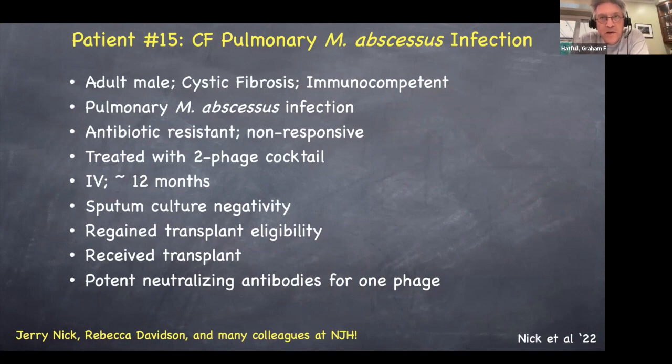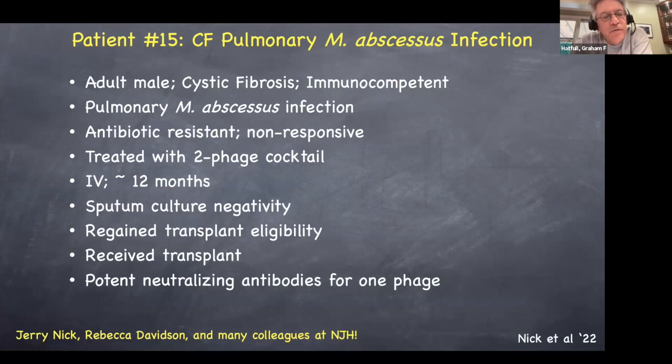Now, for this patient, and this is relatively common, his Mycobacterium abscessus infection was considered a negative for consideration for lung transplant. So his lung function was sufficiently poor that he really needed a transplant, but couldn't get it because of the M. abscessus infection.